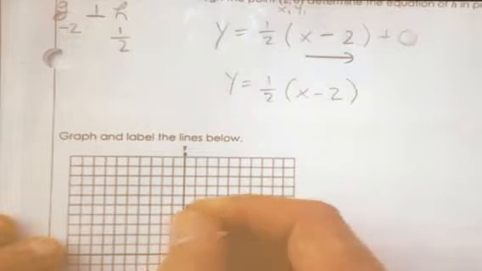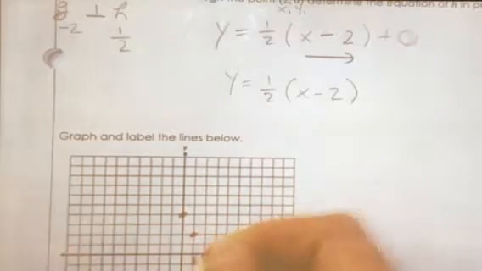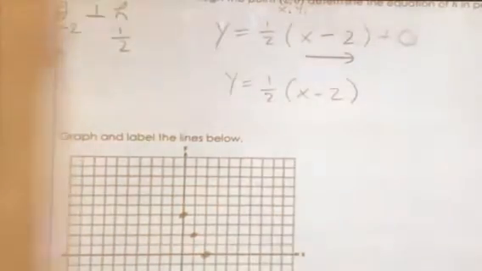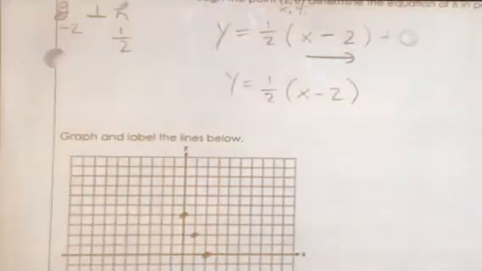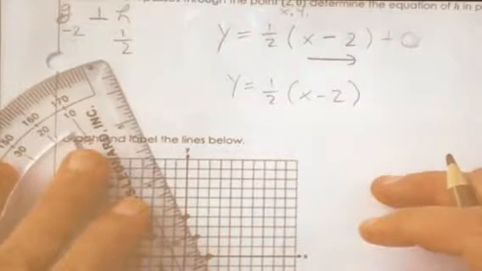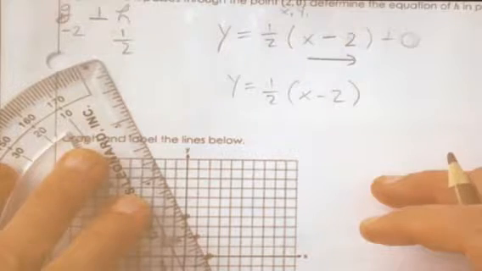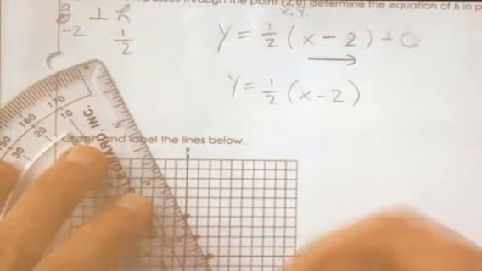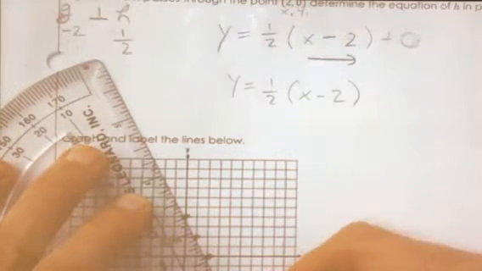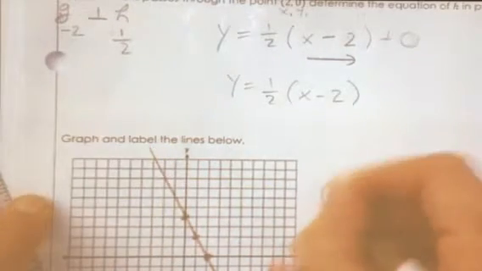Then down 2 as I go right 1 for a slope of negative 2. Okay, so this brown line is F.